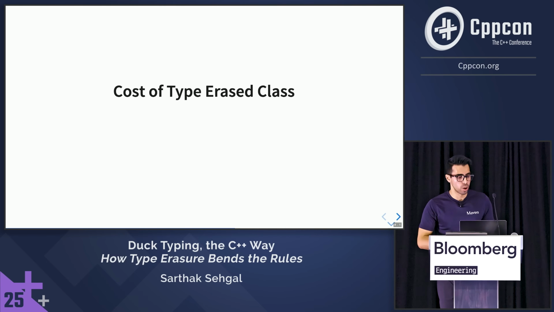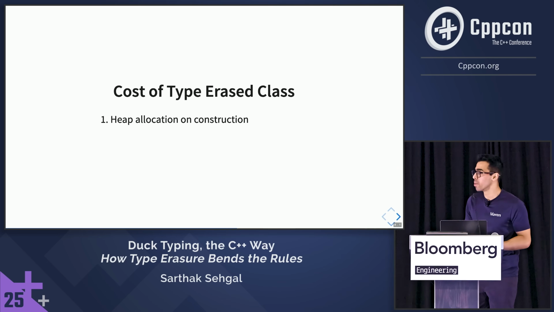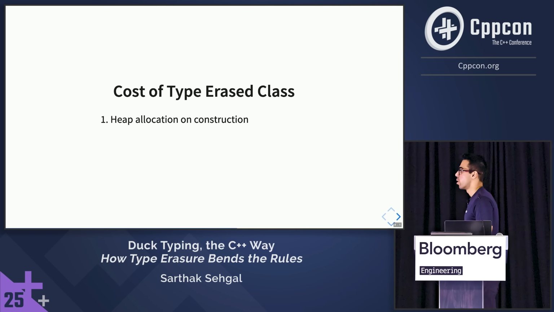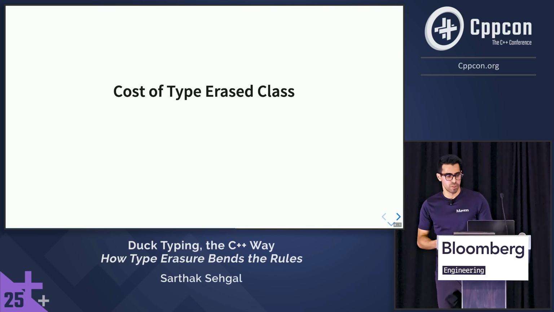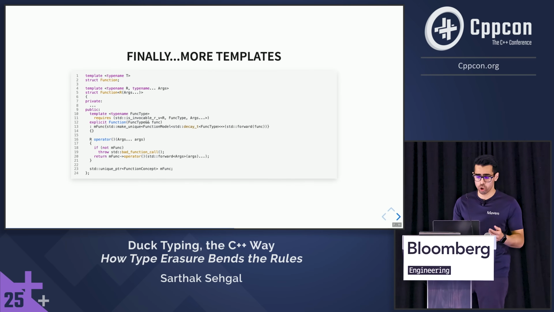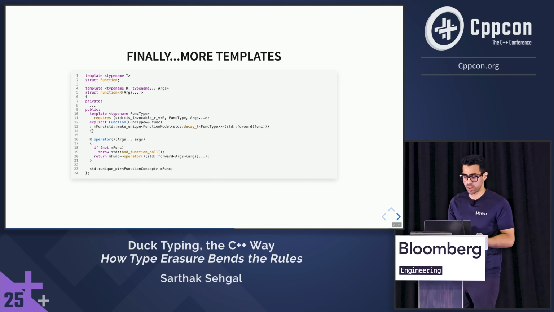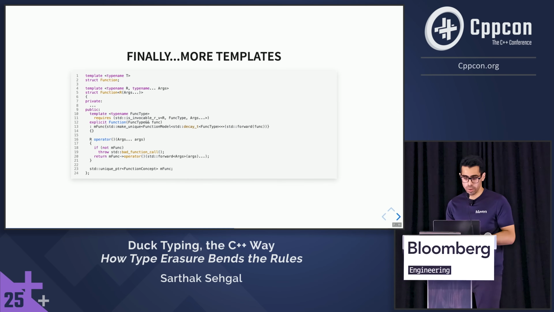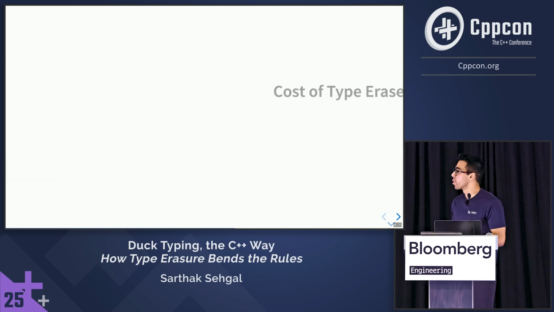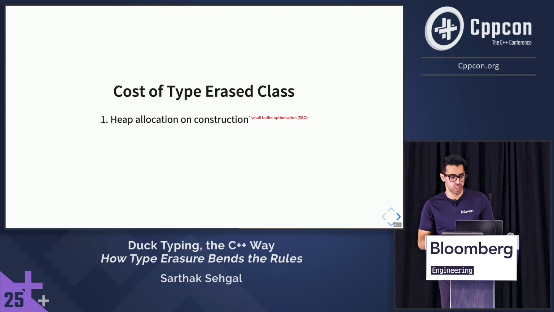Let's talk about the cost of this type-erased class. Number one, it does some heap allocation on construction. If I go back, on construction, you pass a function, it creates a unique pointer, so it's doing some heap allocation here in the make_unique call. The standard library has small buffer optimization.